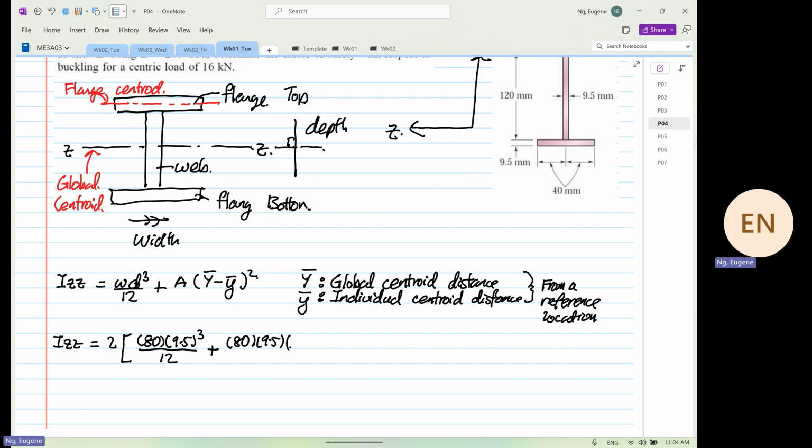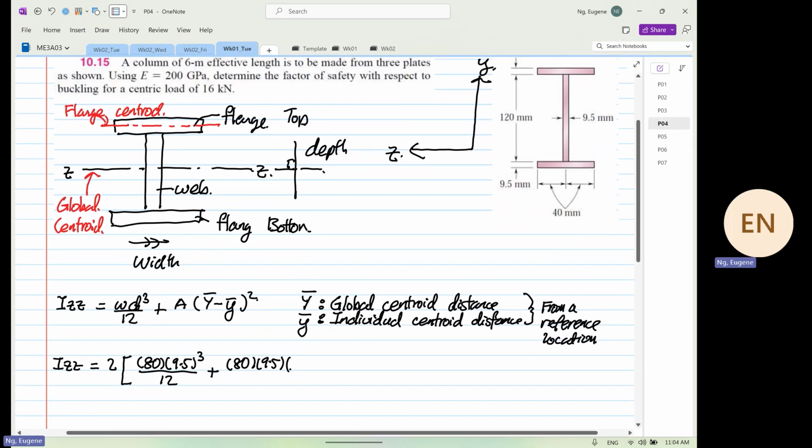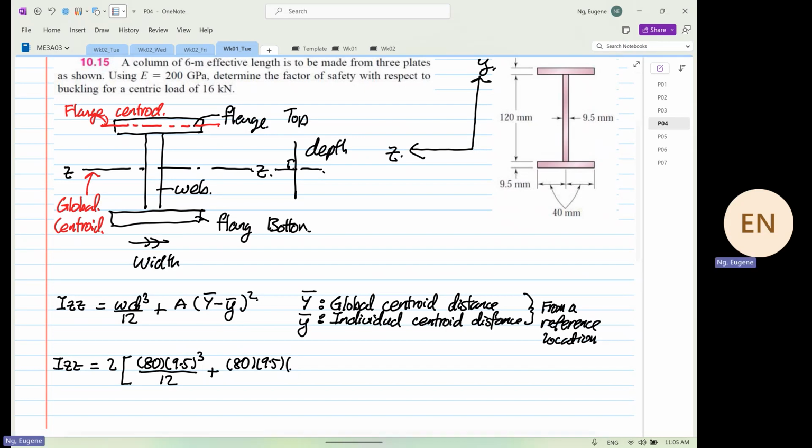And the centroid distance is what? 120 plus 9.5 plus 9.5, then the whole thing divided by 2, then minus 9.5 divided by 2, and the whole thing squared. Okay, and then we have another giant bracket.